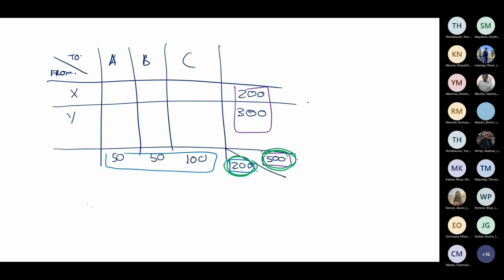We fix that by just adding in a dummy constraint. A dummy constraint is going to be either a demand constraint or a supply constraint, depending on which one needs to be increased for them to be equal. So you'll increase one of them so that they become equal. In this case, we want to increase the demand.